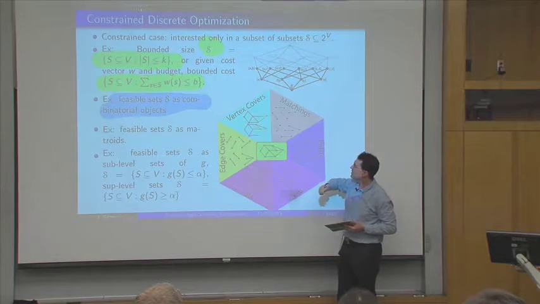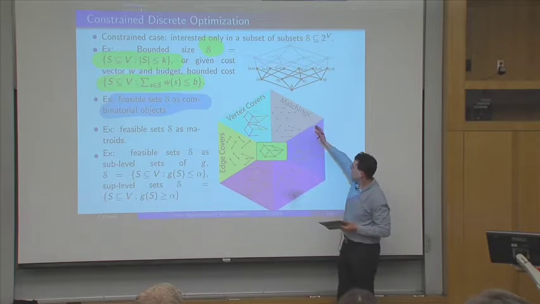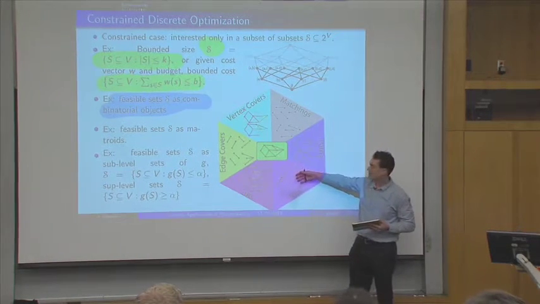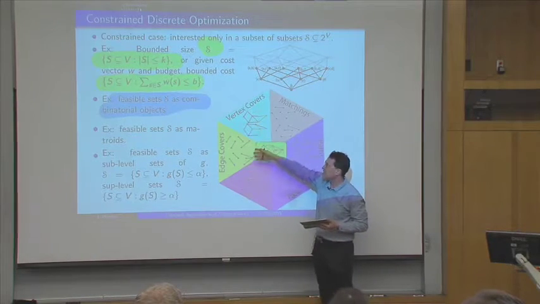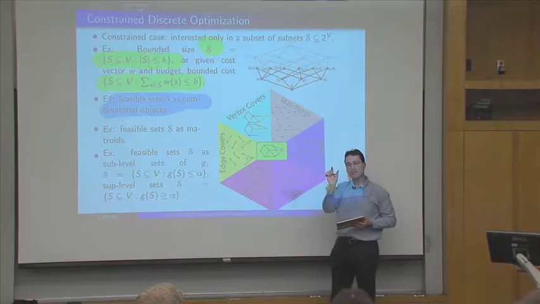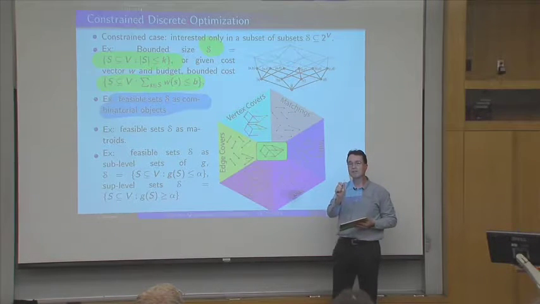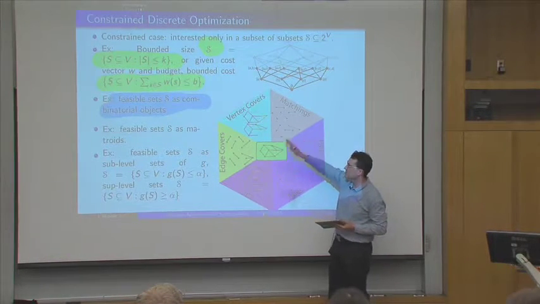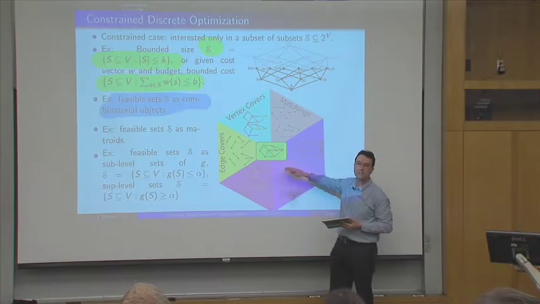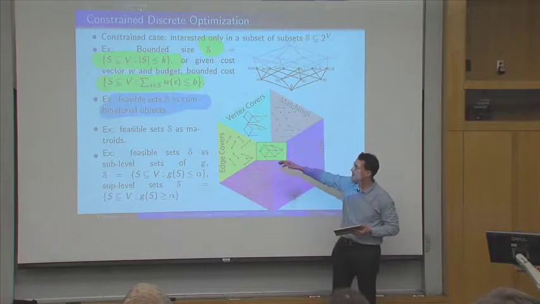And we only care about solutions that are maybe matchings or spanning trees or cuts or edge covers or vertex covers. We care about combinatorial objects, but we have a non-modular cost associated with any one of these combinatorial objects, and we want to minimize or maximize the submodular function subject to it being one of these combinatorial objects.